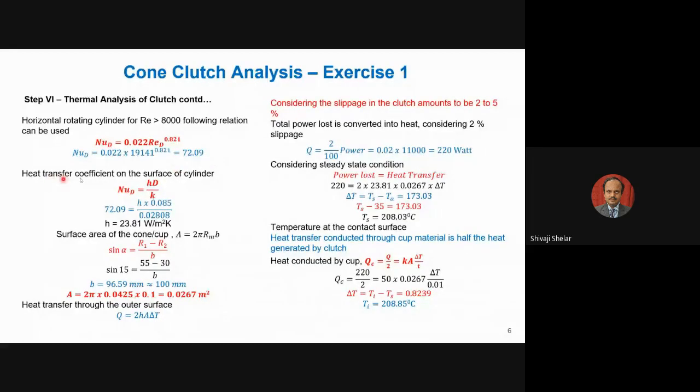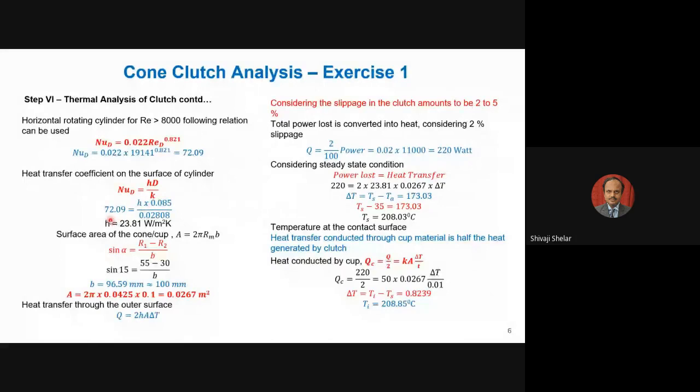So, the heat transfer coefficient on the surface of the cylinder, or on the surface of the drum or cone, external or internal surface: NuD is equal to hD by k. Now we know NuD from this relation. h is unknown, we are going to determine it. D is the mean diameter here, because the diameter is changing for the cone. k is the thermal conductivity of air.